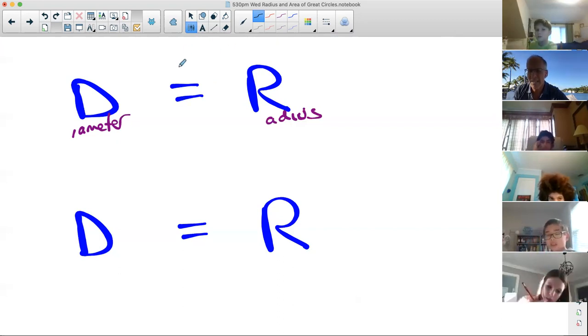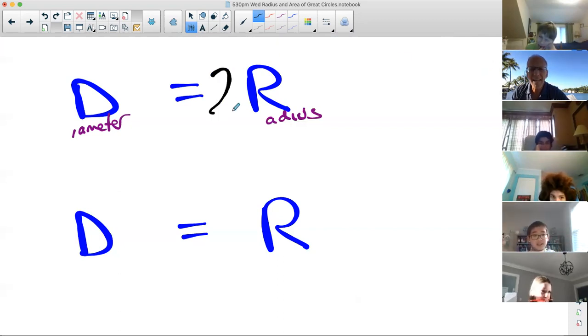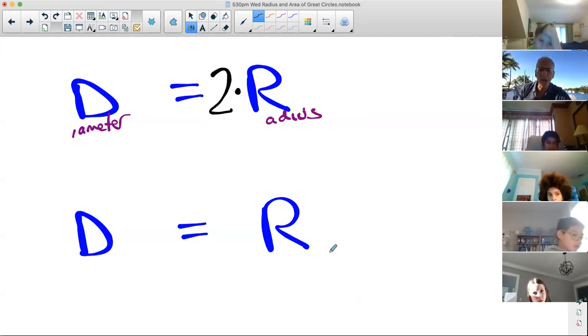Instead of the word is and twice as much, can you use words like equals and words like times? The diameter equals the radius times 2. Exactly. Diameter equals 2r. Write it down. Luke, did you come up with the other one?